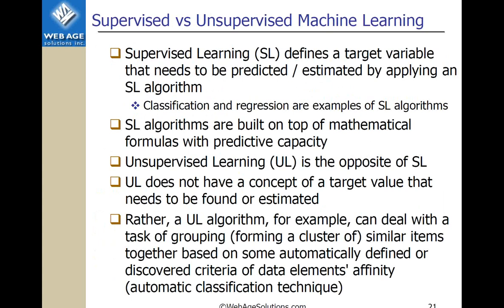Okay, so what we have here is just a very quick overview of supervised versus unsupervised machine learning. In supervised learning, you've got a target variable. Usually it's something that you want to predict or estimate. For example, you perform a task of calculating the braking distance given the speed of a car, the make of a car, and the road conditions. So regression would help you.